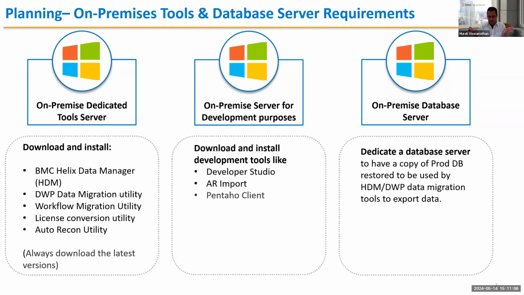So that's why we're expecting you to have three different servers for these. One tool server, one for your development work with all your latest clients downloaded there, and then your dedicated database server where you'll have your copy of your production database during the migration cycles. So if you see, the tools have increased as we said, so we're giving you more tools to leverage.